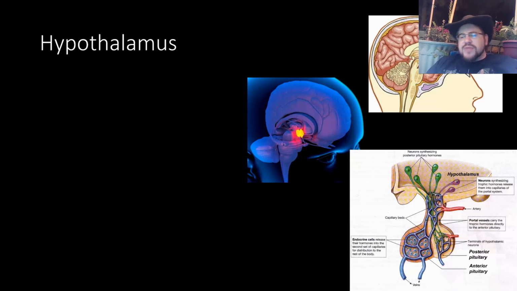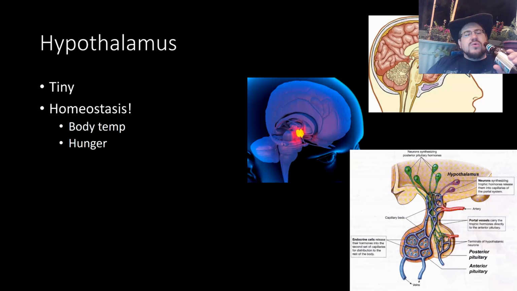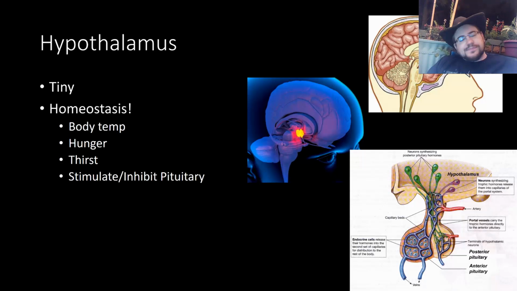Okay, the hypothalamus. The hypothalamus is a collection of nerve cells that also stimulate the release of hormones. It's a very tiny part of the brain, and it is all about homeostasis. So the hypothalamus helps maintain body temperature. It activates when you need to eat, stimulates hunger. It's also where we can stimulate thirst. It can also stimulate or inhibit the pituitary gland.